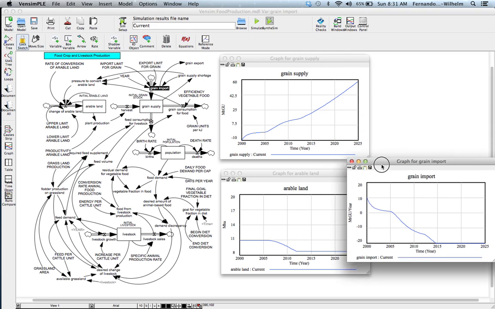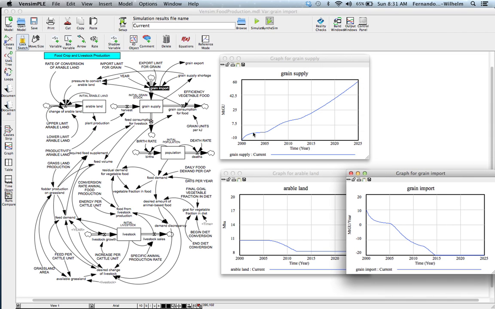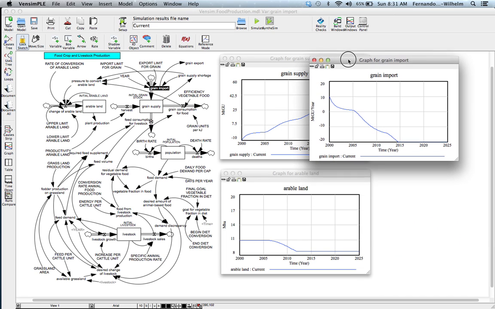If you compare, I'm going to put this down here, the grain supply went up, and it went up so much that you're actually now doing negative.